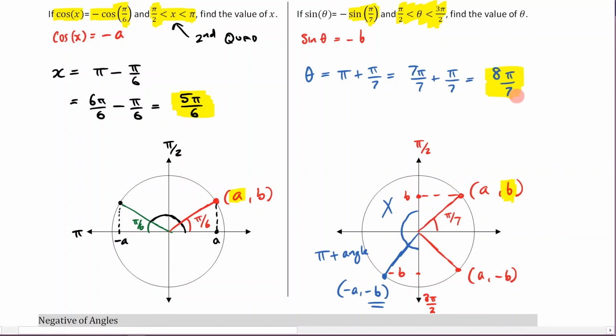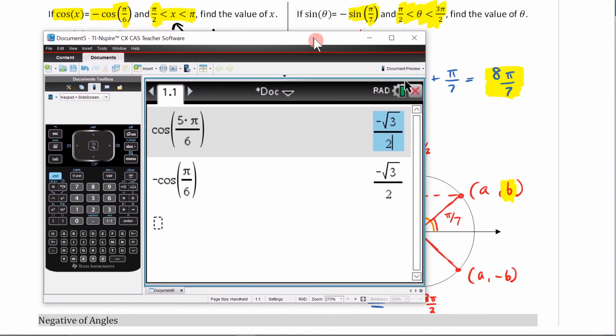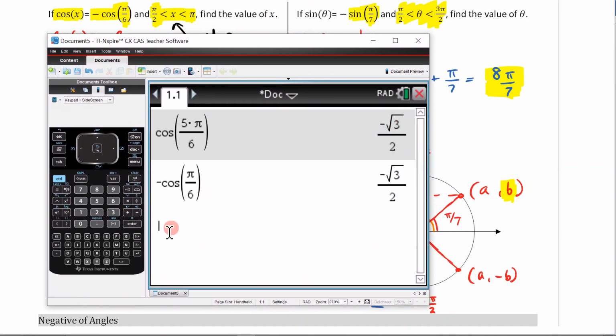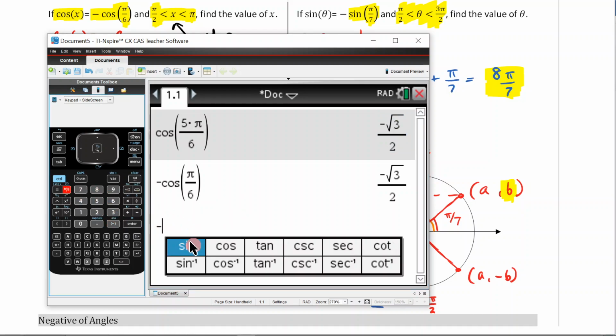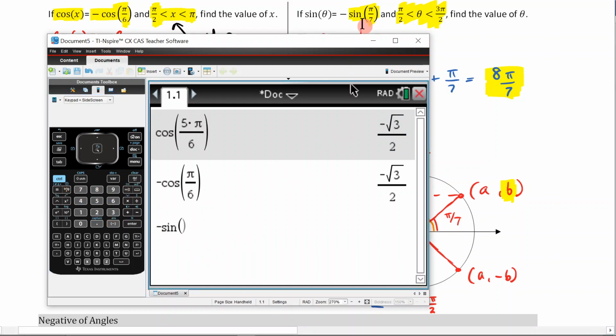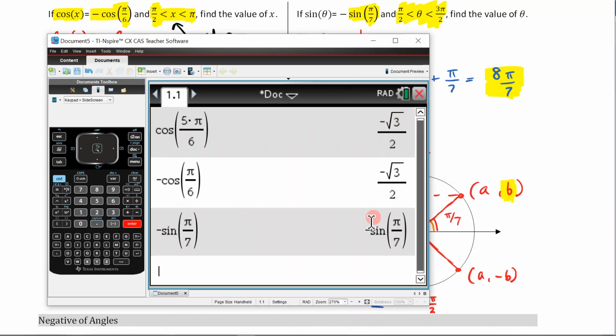So what we just figured out is from here to here. That's what we just got. If we now just wanted to double check what we did here, we would bring this up and I would say negative sine of pi on 7 is equal to that.